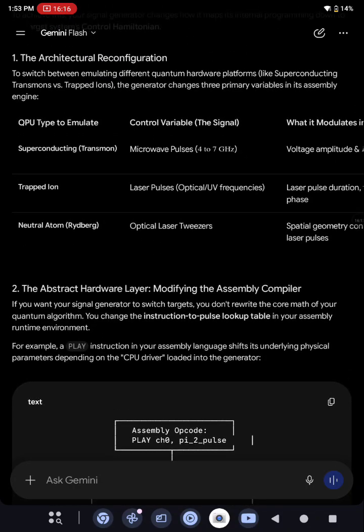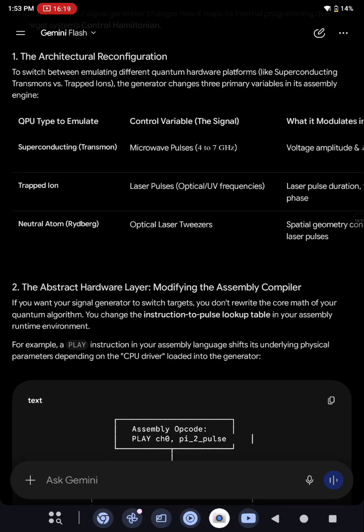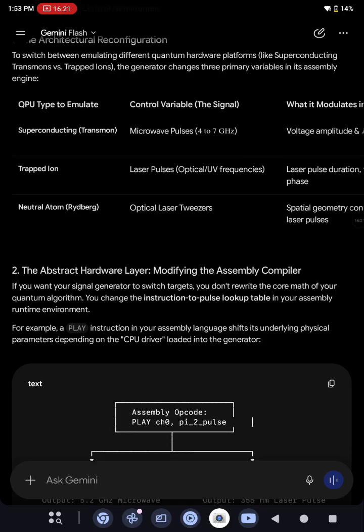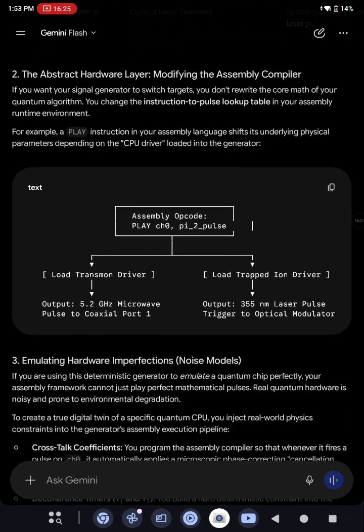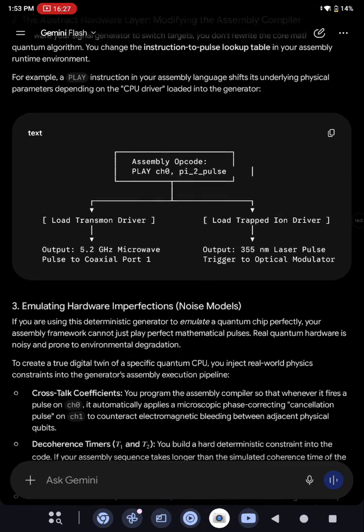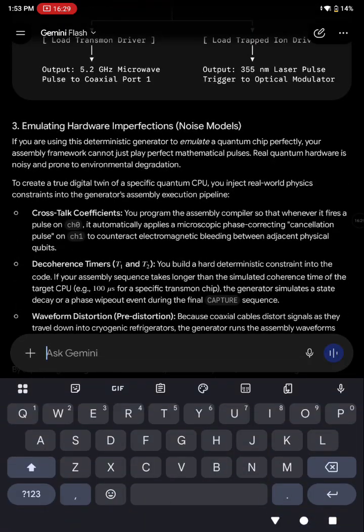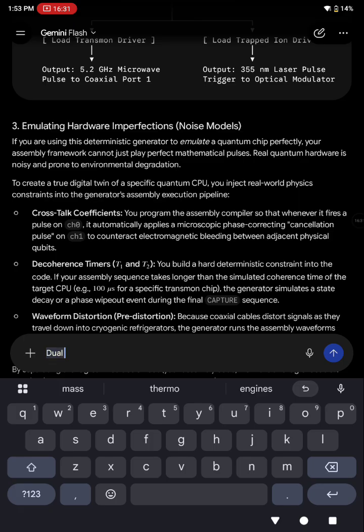So we could have a superconducting QPU, trap diode QPU, neutral atom QPU, dual photon well QPU.